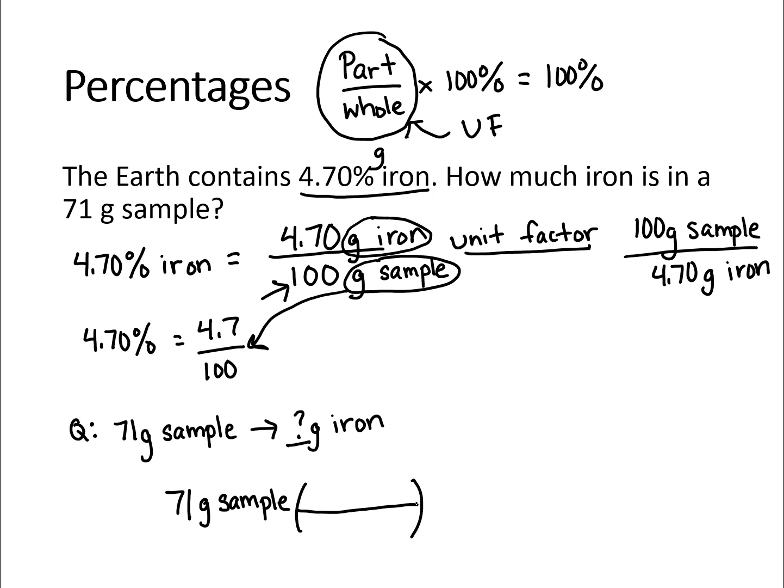We have the grams of sample, and we want to use one of these conversion factors or unit factors to go from grams of sample to grams of iron. So which one do we use, A or B?